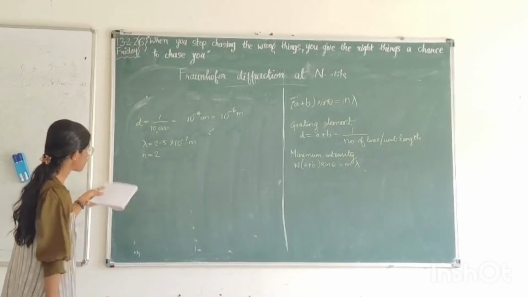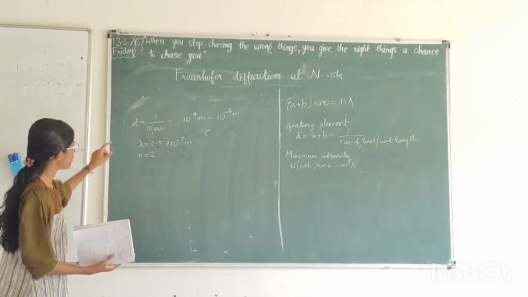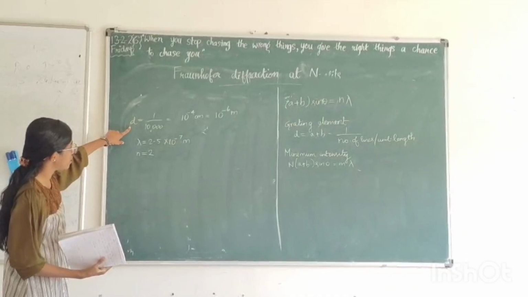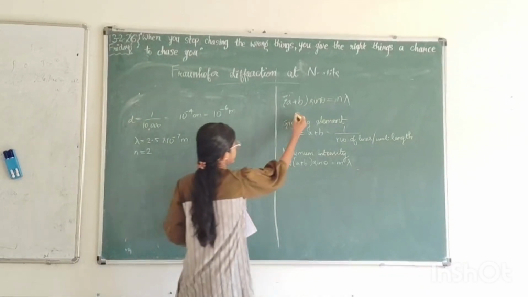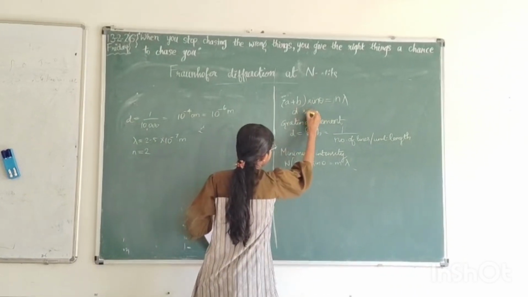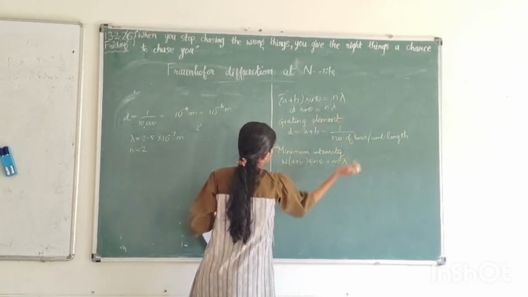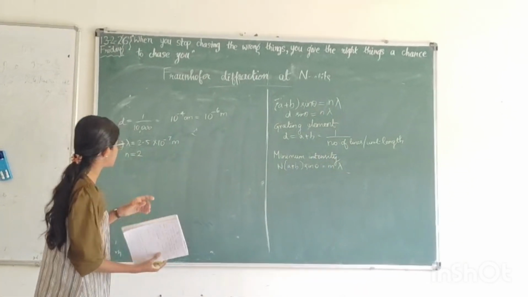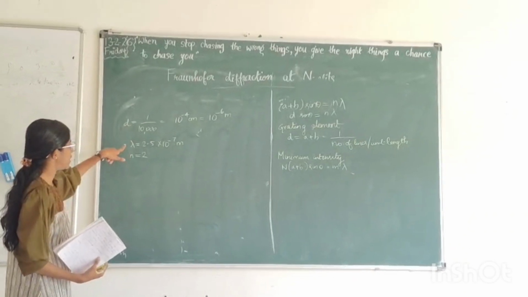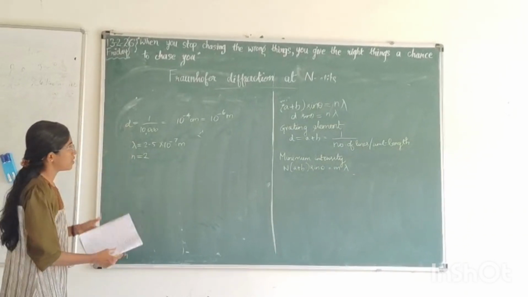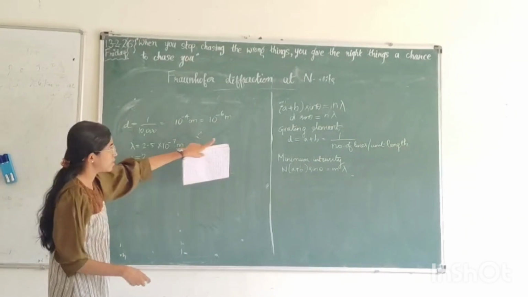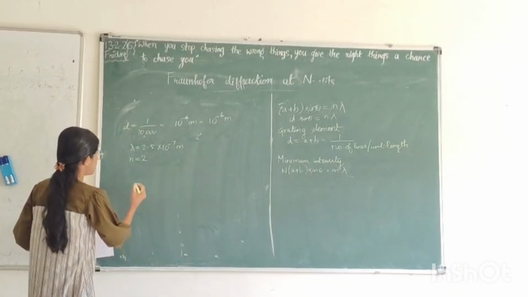Okay. Now here, the equation we can write as d sin theta is equal to n lambda. So we have n, lambda and d. With the help of these values, we can find sin theta.